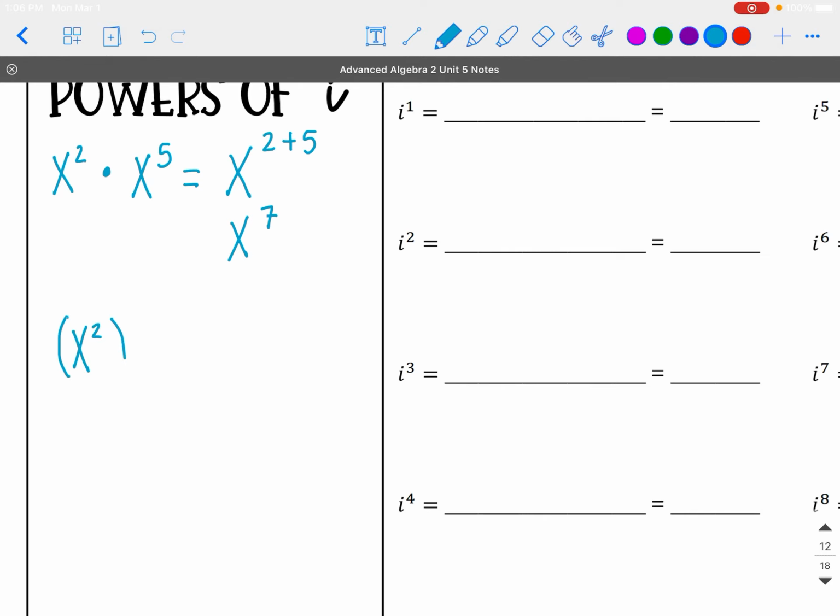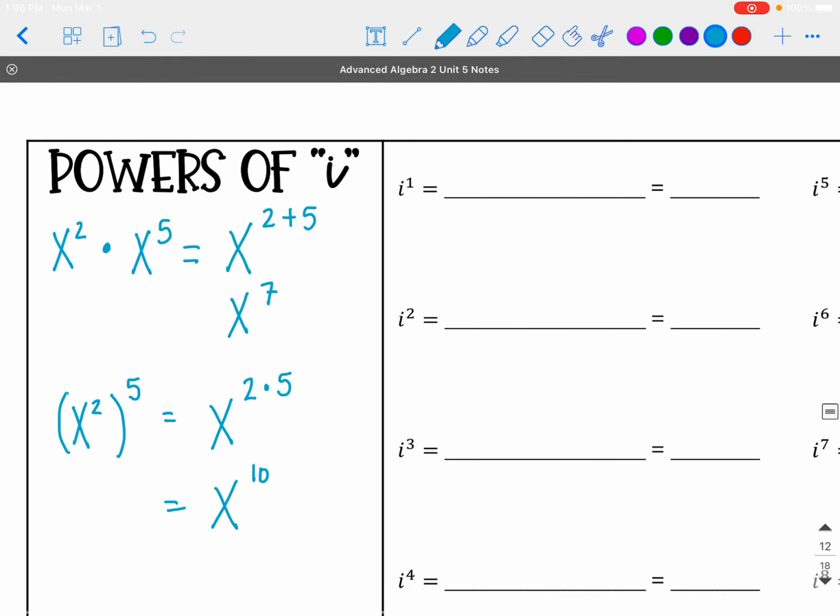But if I have x squared to the fifth power, you multiply: x to the 2 times 5, which is x to the 10th power. That's something you're going to need for these types of problems where I give you i to some random power and you have to simplify that.